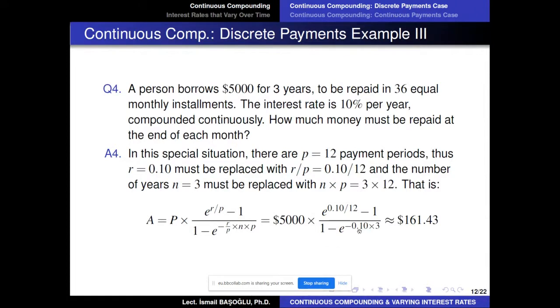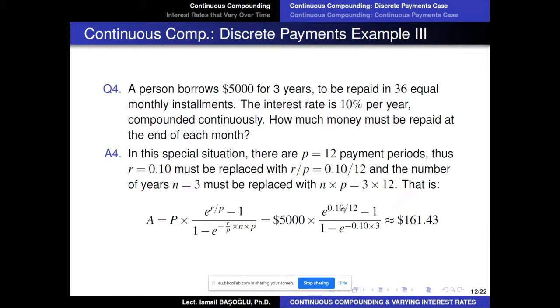Now, you see here we have 0.10 times 3, and we have 0.10 divided by 12 here. Of course, for such a periodic interest amount, 0.10 divided by 12, it's not a value of interest that we can see in our compound tables. So either you would use a linear interpolation between the closest interest rates, or instead you can directly use the formulation here.